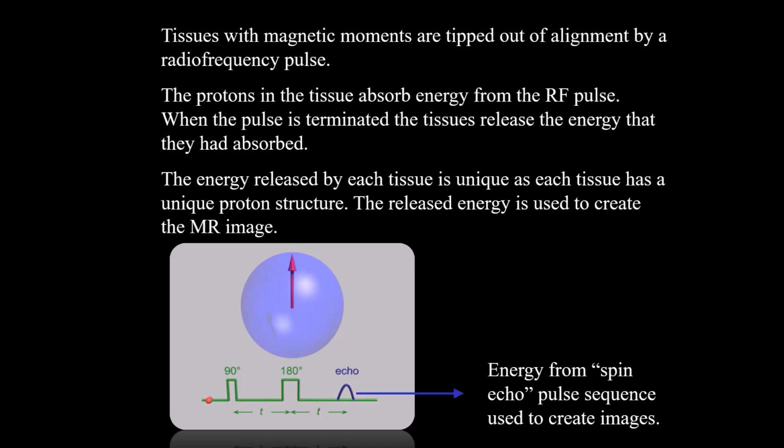This energy released by each tissue is unique, as each tissue has a unique proton structure. The released energy is used to create maps of the MR energies, and these maps of the MR energies are producing data that can be put together as an image, either a T1 image or a T2 image.